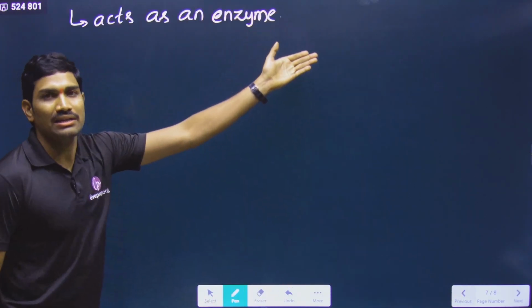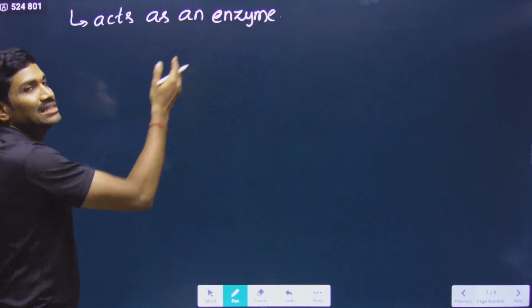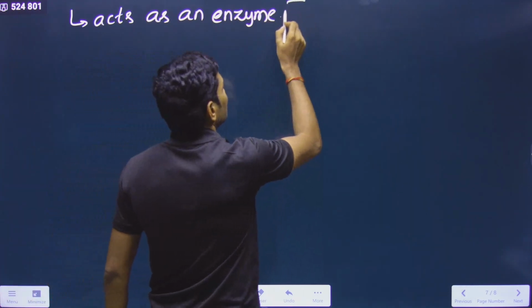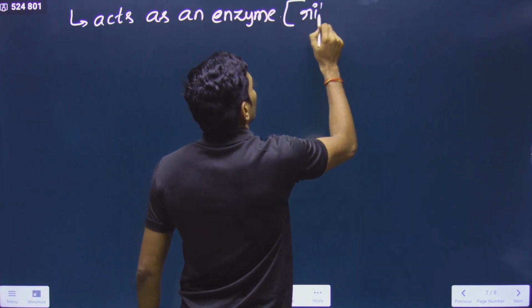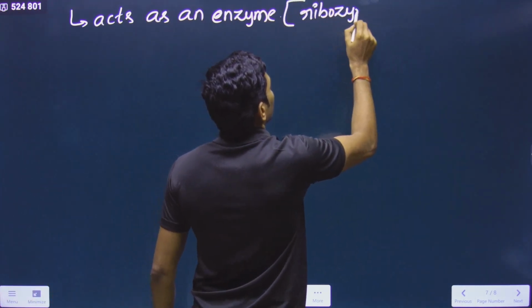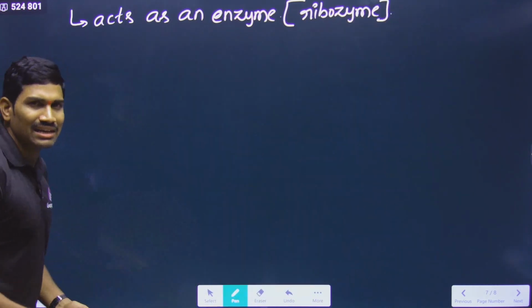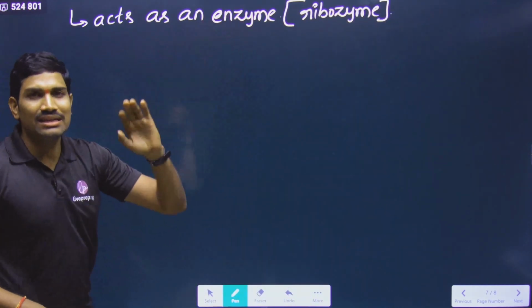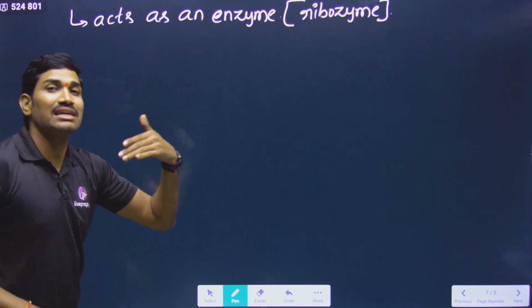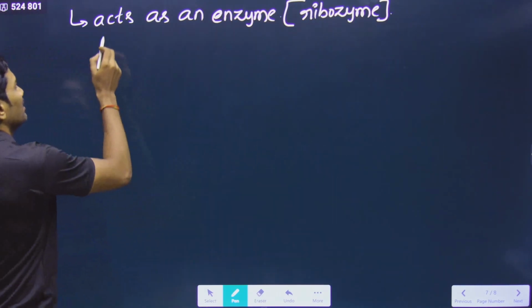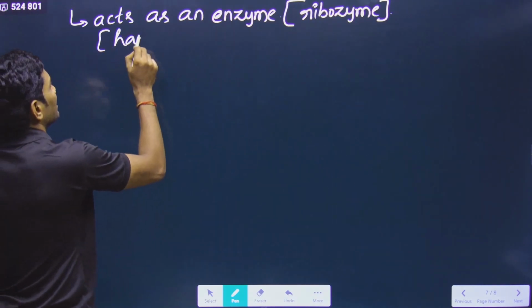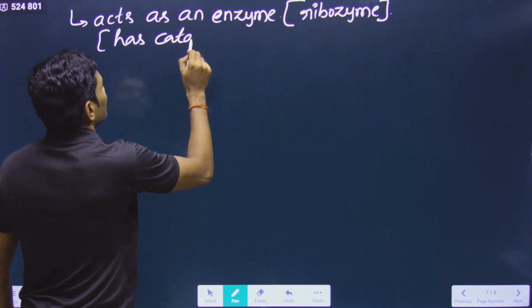Same point we are writing here. RNA can act as an enzyme, and it is called ribozyme. But in the NCERT, they did not directly say that it acts as an enzyme. In NCERT, the wording is different. What they said is that it has catalytic activity.